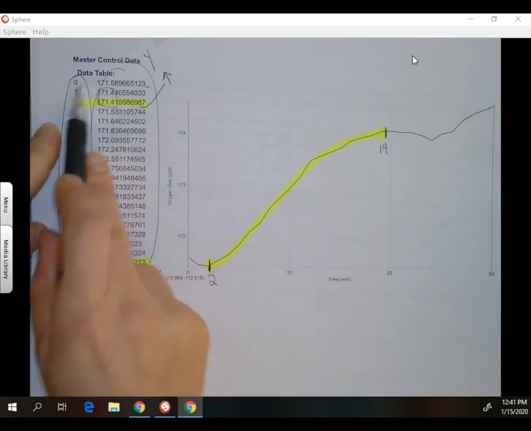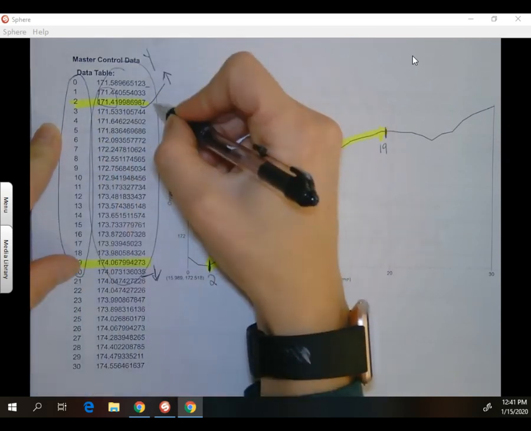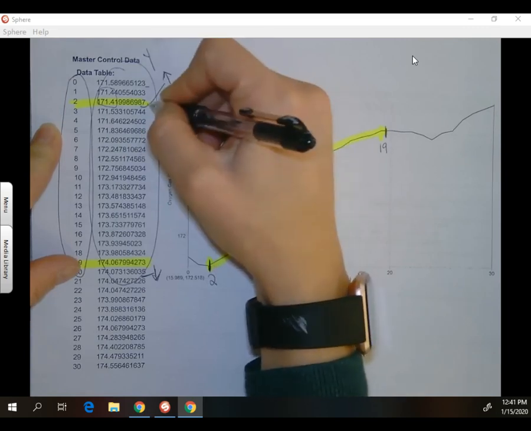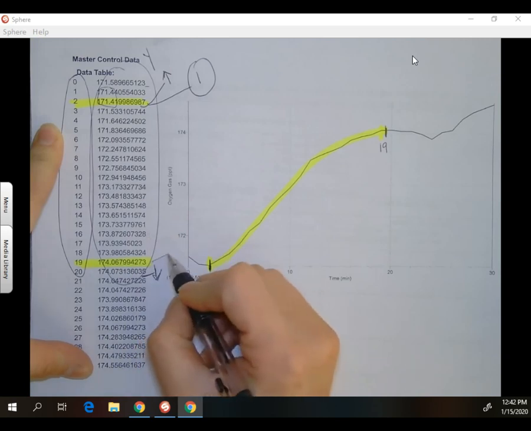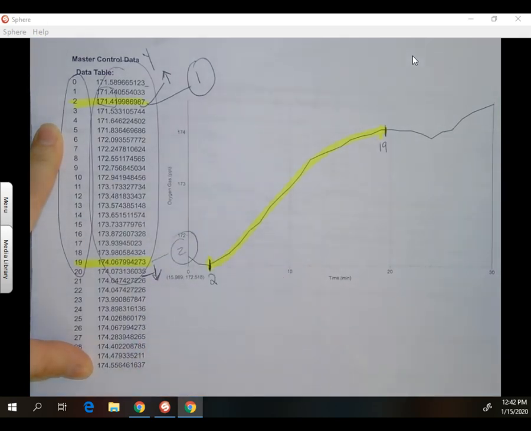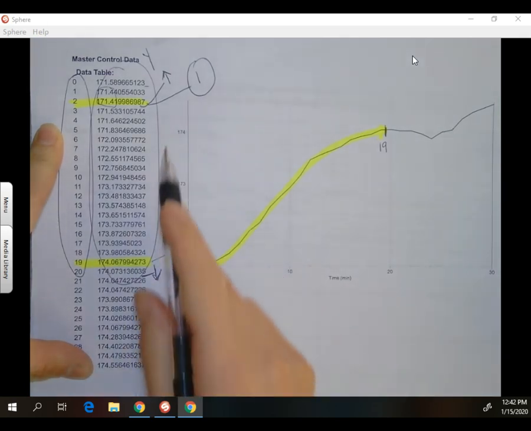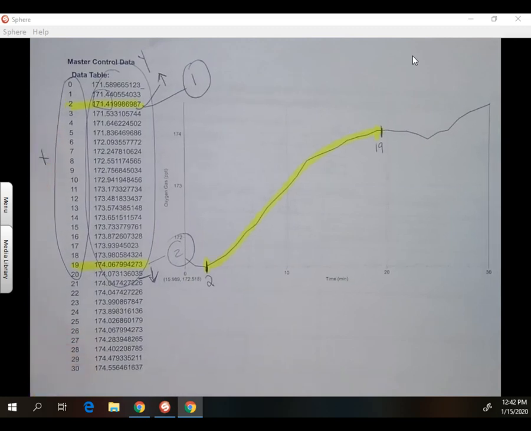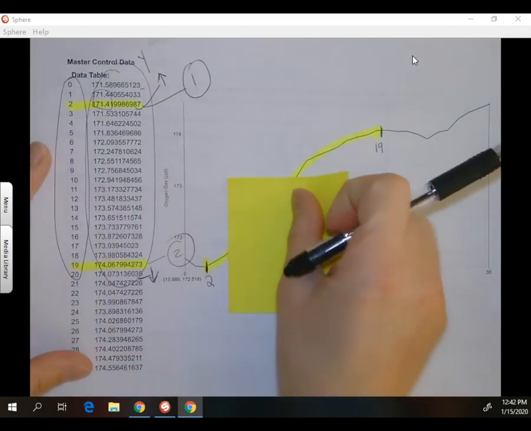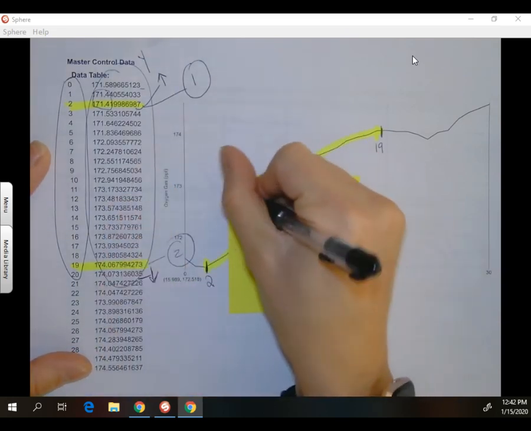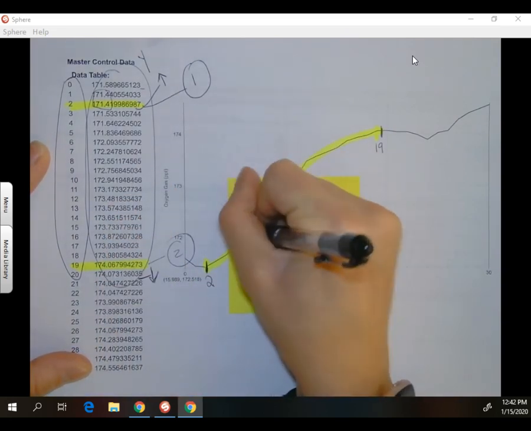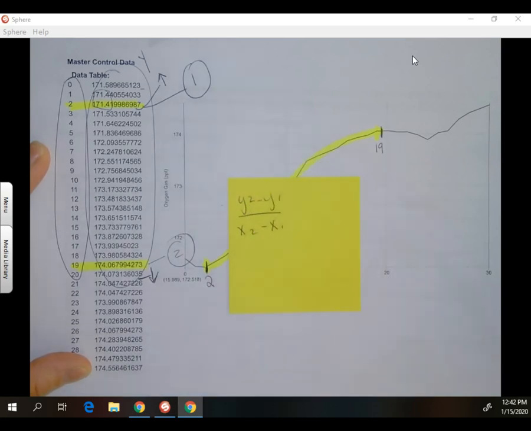So this is our first initial data set. And then down here for our 19-minute, this is y2 and x2. Okay. So when we're calculating our rise over run, it's going to be y2 minus y1 over x2 minus x1.